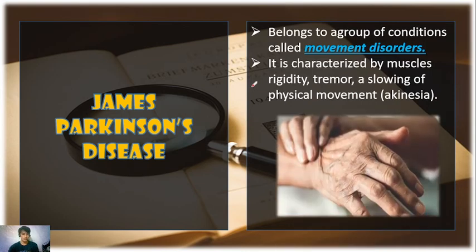And James Parkinson's disease, sabi nga natin kanina, one thing that could also be affected, or isa sa tinitignan natin, is the rhythm of writings in identifying individuals. So pwedeng maapektuhan yun because of James Parkinson's disease. Bakit ba? Ano ba ang James Parkinson's disease? It is called a movement disorder.